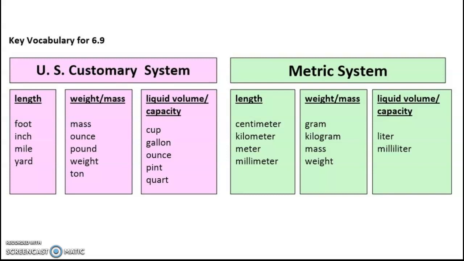For weight, in the U.S. customary system it's ounces, pounds, and tons. For the metric system, it would be grams and kilograms. In the U.S. customary system, for liquid volume, or capacity, it would be cups, gallons, ounces, pints, or quarts. And the most common in the metric system are liters and milliliters.